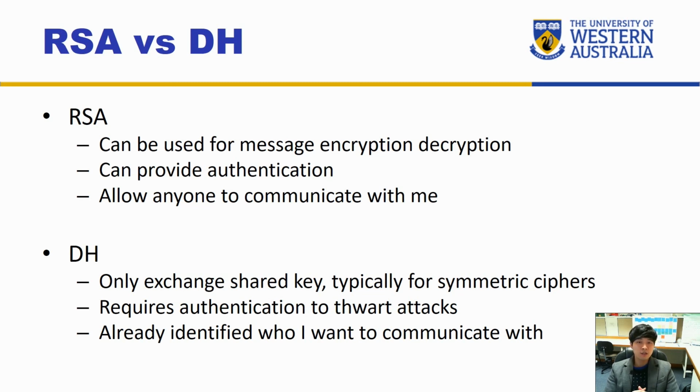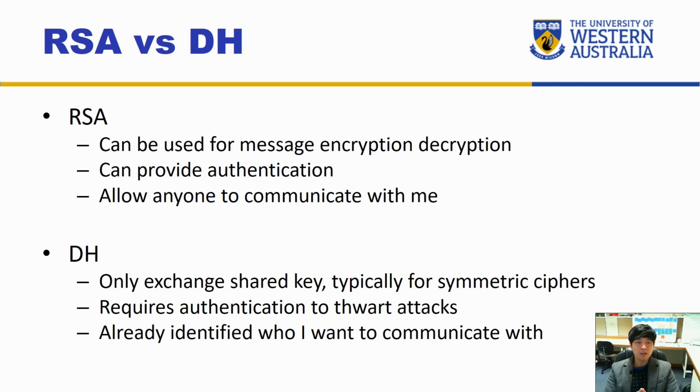On the other hand, with Diffie-Hellman, you cannot encrypt or decrypt messages. It is only used for sharing keys, typically for symmetric ciphers to use. In addition to sharing keys, we will also need to include mechanisms like authentication in order to prevent identity misuse attacks such as man-in-the-middle attacks.